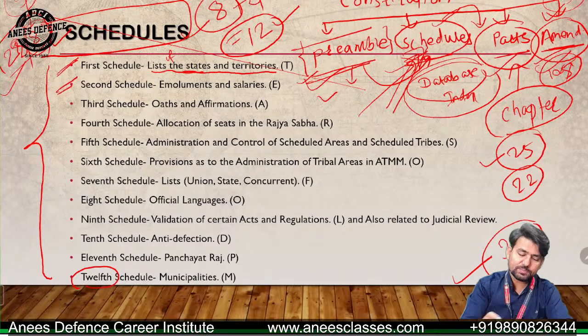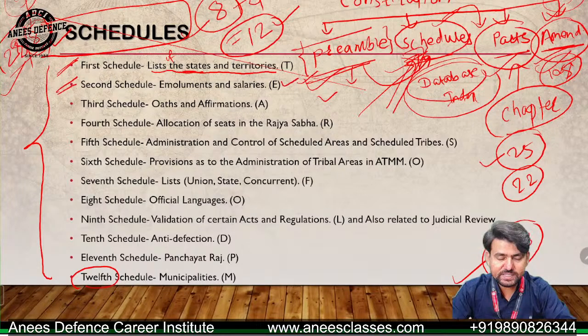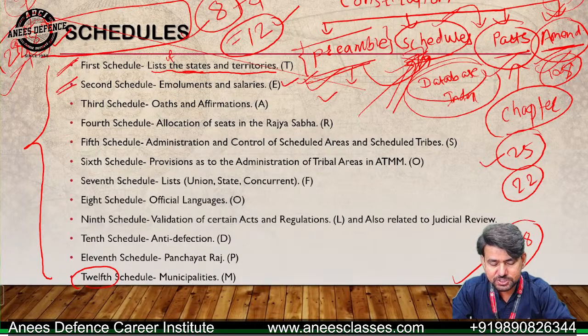The second schedule talks about the emoluments and salaries. Of whom? Of important constitutional positions like the President of India, a Judge of the Supreme Court, and chairmen of important organizations.